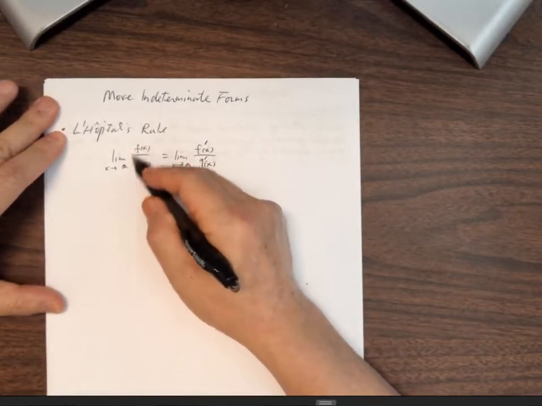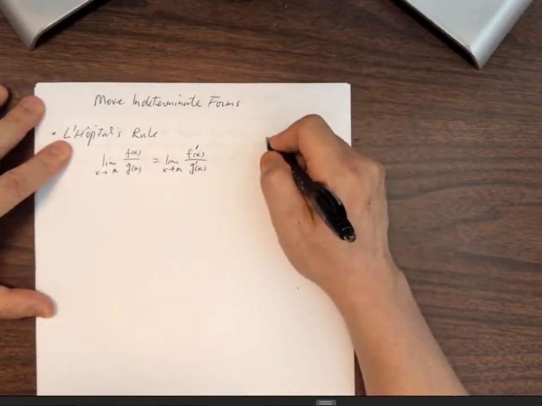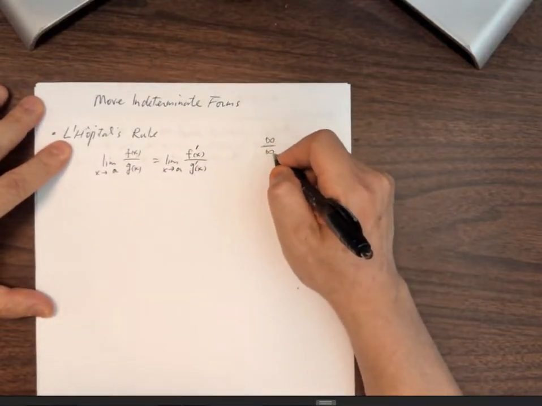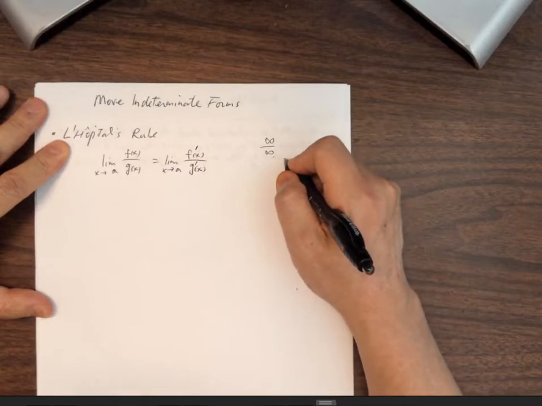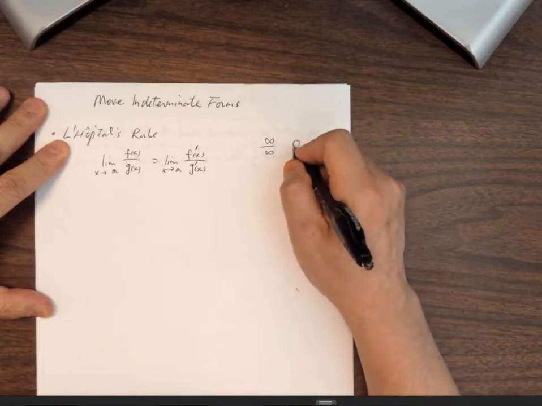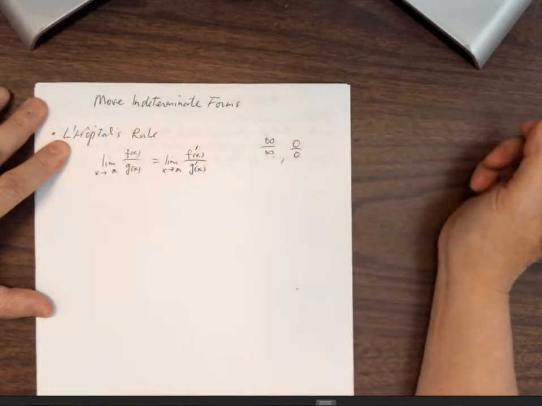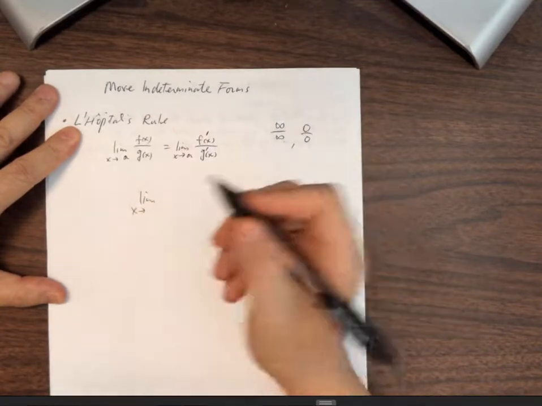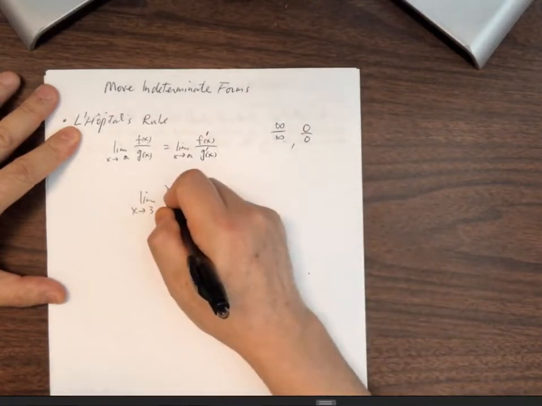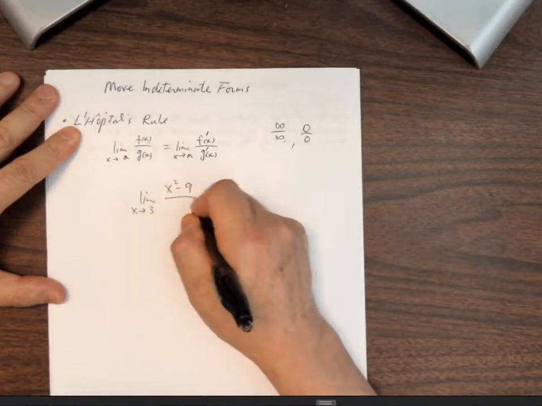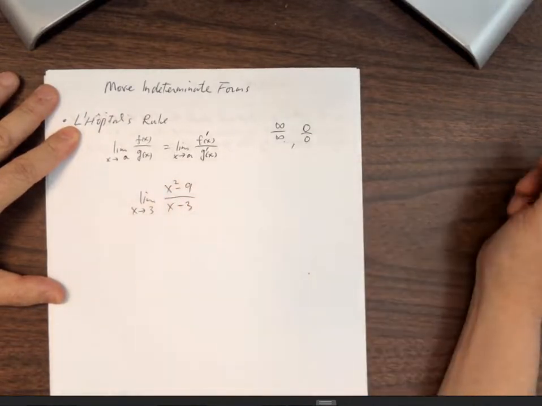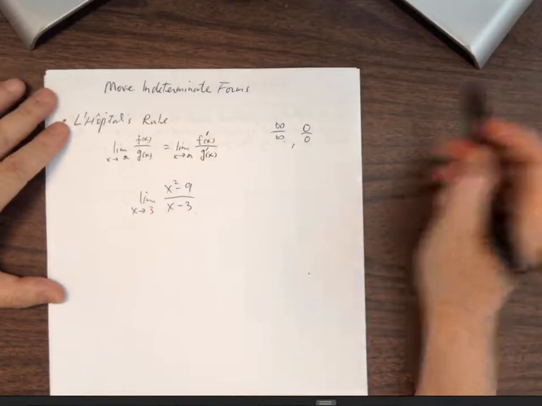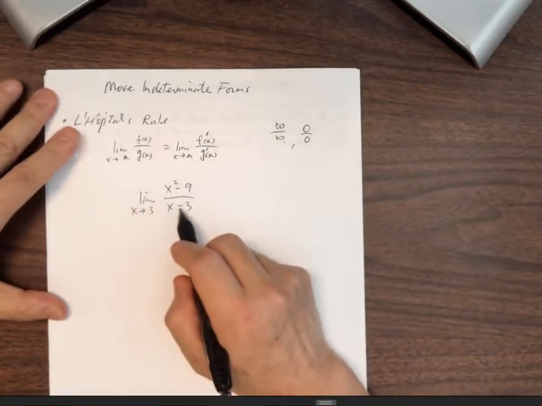Now, if our estimate is infinity over infinity or 0 over 0, for example, the limit as x goes to 3 of (x squared minus 9) over (x minus 3), this is an indeterminate form.